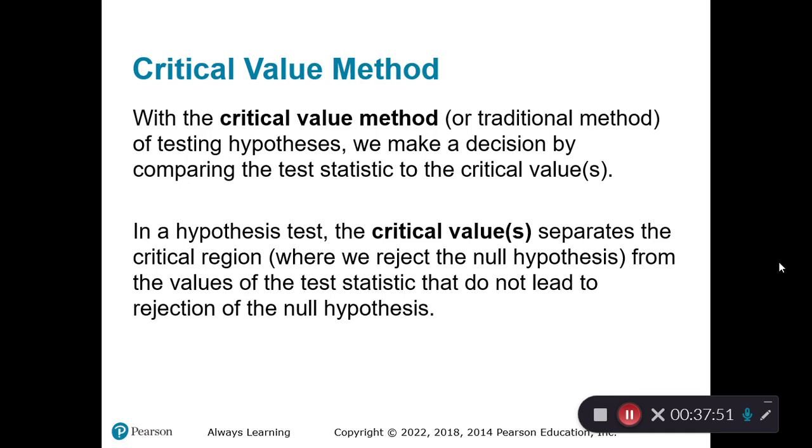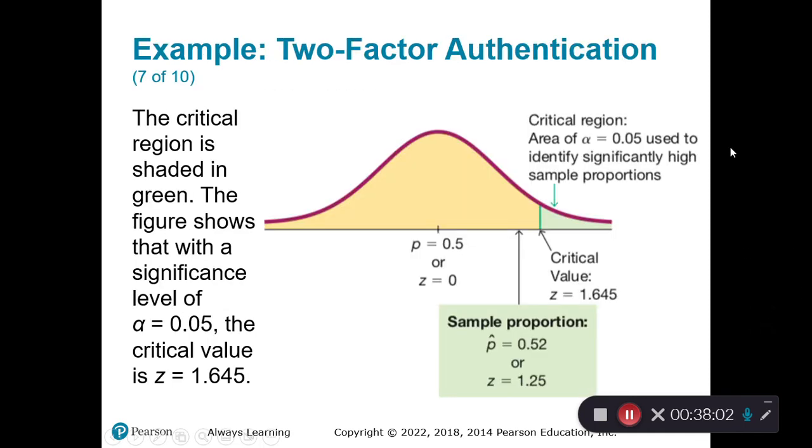If you have a 5% significance level, you'll get a different critical value. This goes back to what you learned in Chapter 7 when you were constructing confidence intervals. So for example, if we have a significance level equal to 5%, 0.05, then the corresponding critical value would be 1.645.